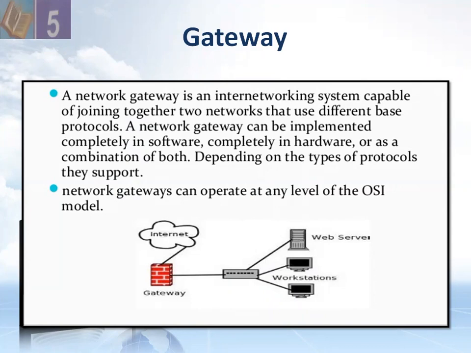It converts protocols from one network architecture to another network architecture. It is a device that is used to connect a network to another network that uses a different protocol. So a gateway is a device which is used to convert your network protocol and connect one network to any other network.